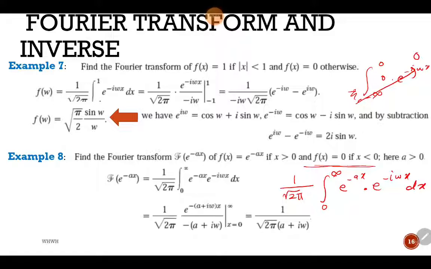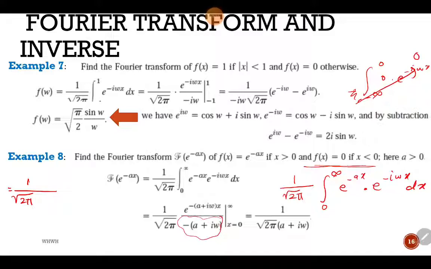So sama dengan 1 per sqrt 2 pi, and the whole thing here kita boleh bawa keluar kan, sebab dia tak ada kena mengena dengan x.